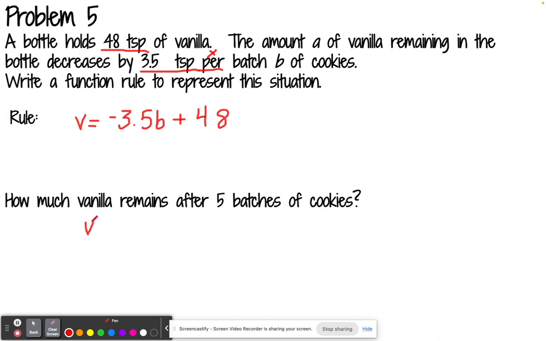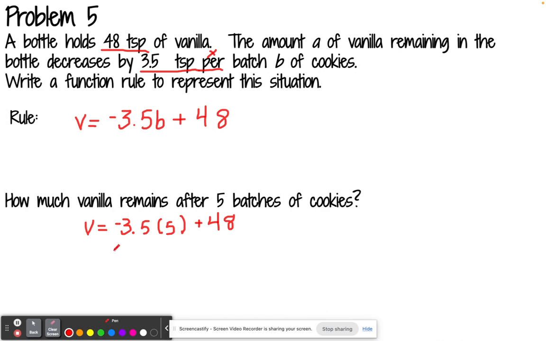My remaining vanilla will be equal to the negative 3.5, the amount it will go down for each batch, for 5 batches. But I'm starting from 48 teaspoons. What's negative 3.5 times 5?